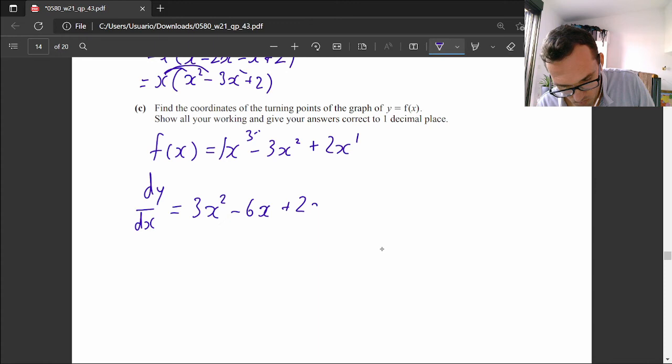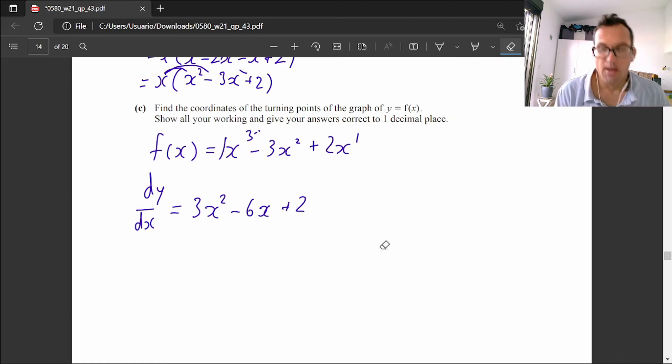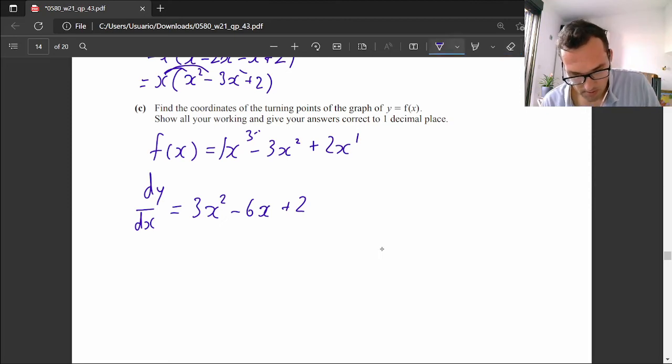Subtract 1 from that one, it gives us x to the power of 0. Anything to the power of 0 is 1. 1 times 2 is 2. So we can just let that x drop away. Okay. This is equal to 0 because the gradient at the turning points is 0.